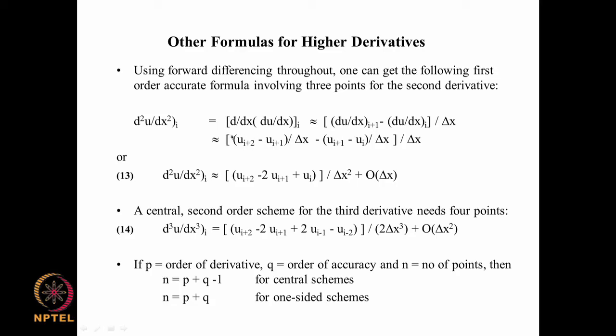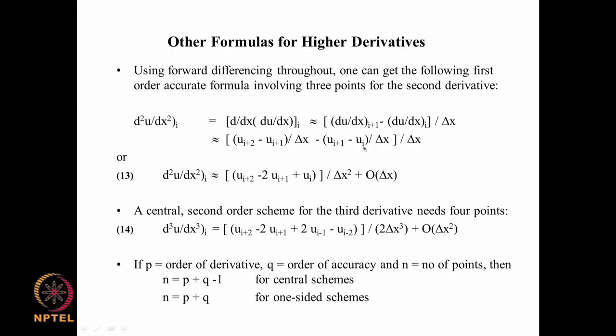So, this is a forward difference approximation for the first derivative at i+1, not at i. Okay. Similarly, this expression here can be evaluated using forward difference as (u_{i+1} - u_i)/Δx. So, that we know. Okay.